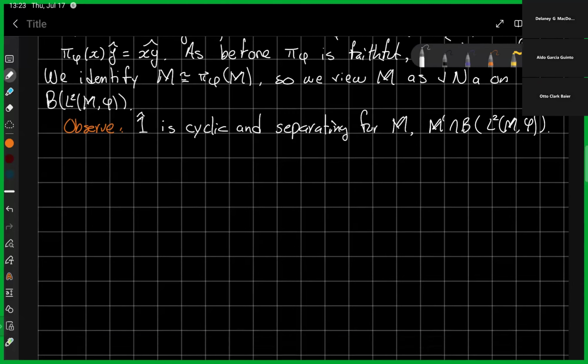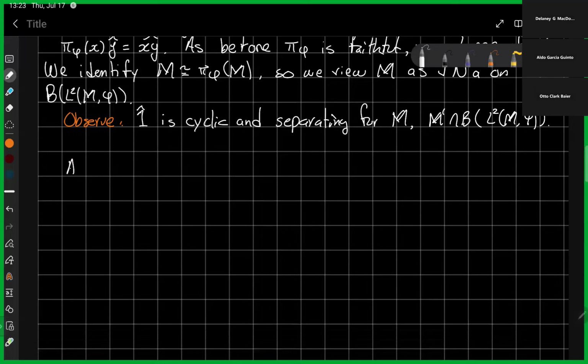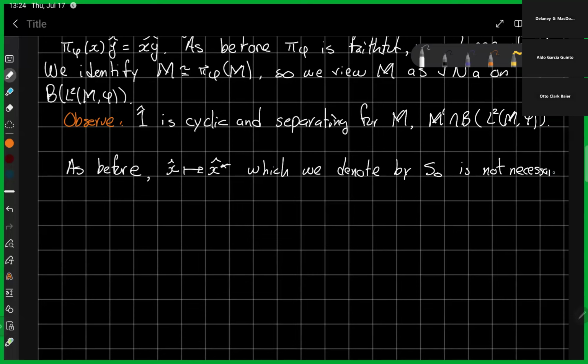Okay. So let's define the operator that we want. So as before, the map x to x hat to x star hat, which we denote by F0, is not necessarily bounded anymore.